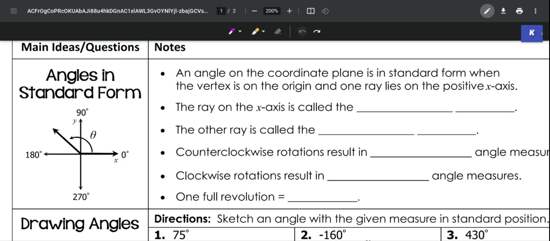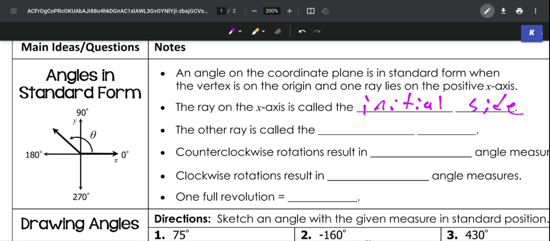That's just saying when we have a ray where that happens, we have an angle in standard form. So the ray in this instance is called the initial side. So this is the initial side.